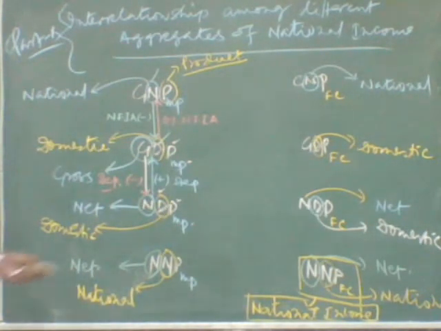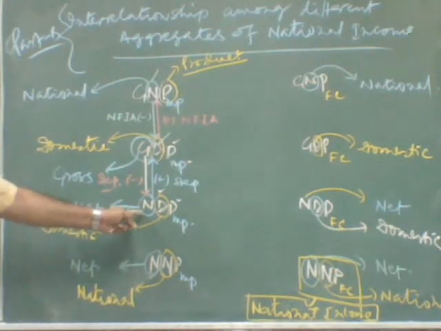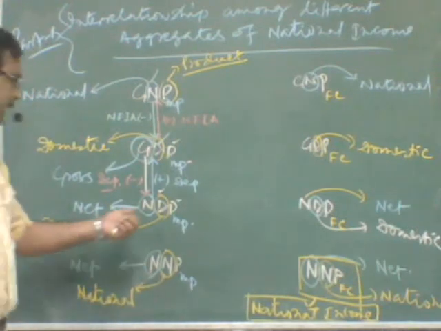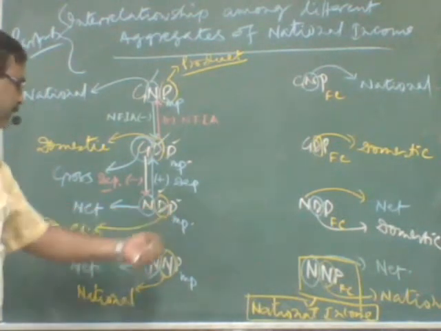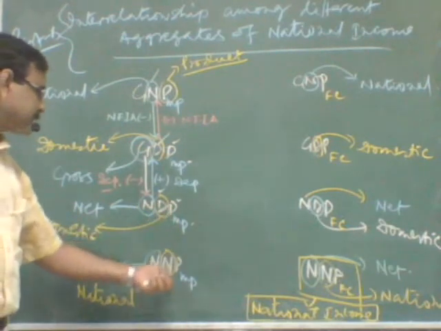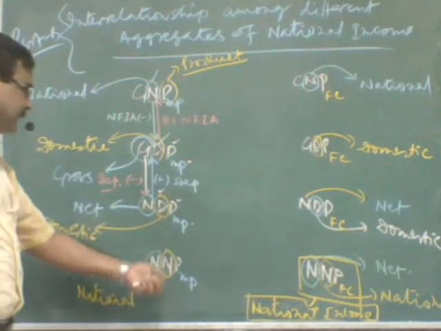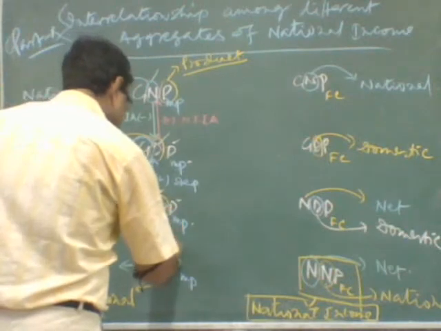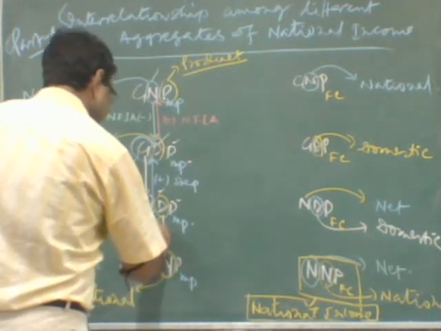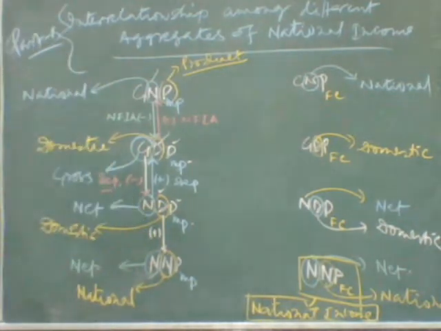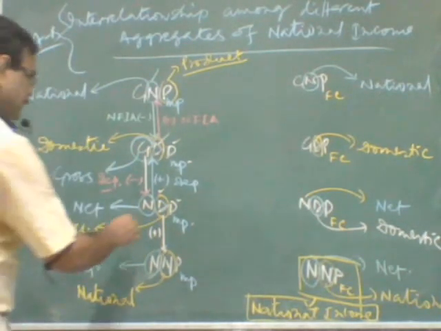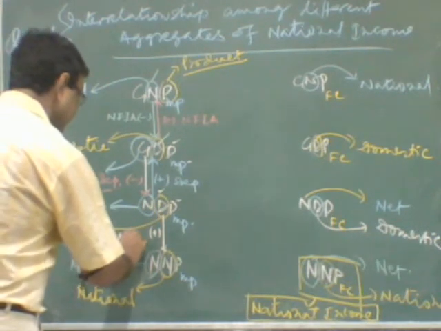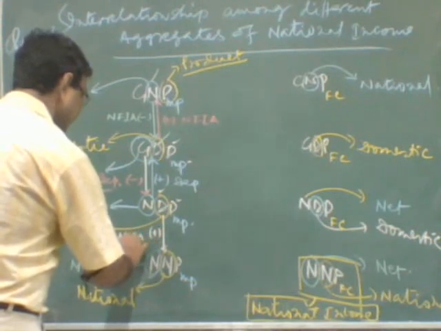In the same way, whenever we have to establish the relation between net domestic product and net national product at market price, the NN is the same, product is the same, and the only difference is between domestic and national. Whenever you have to calculate the value of national, the bridging component of domestic and national is NFIA, so NFIA will be added to domestic.